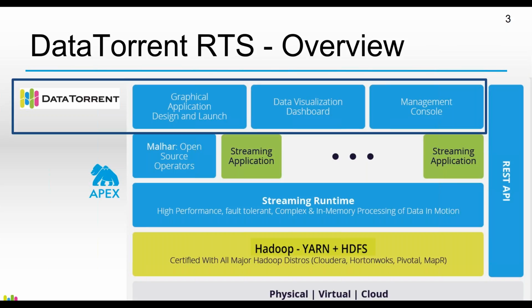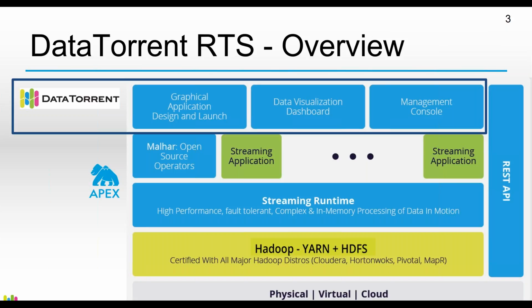Now, the topmost layer is part of the enterprise offering, which is the RTS. There is the management console, there is a data visualization dashboard, and there is a beta version of graphical application design and launch where you can drag and drop some of these operators and create this pipeline.